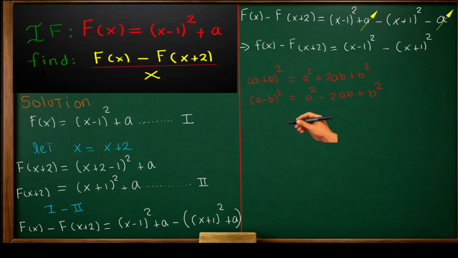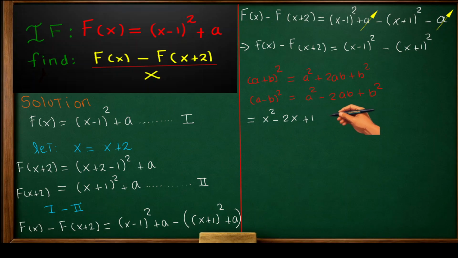Using this formula, x minus 1 square is x square minus 2x times 1, that is 2x, plus 1.